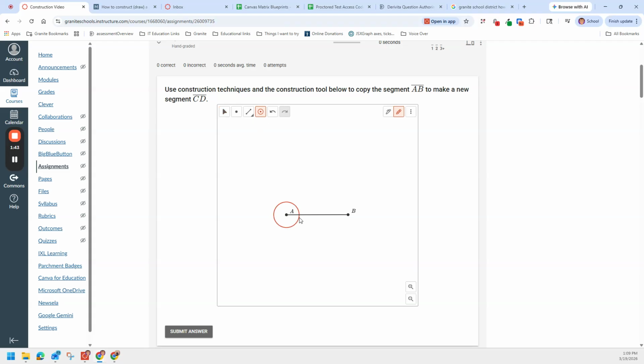I'm going to first, starting on A and then going to B, create this circle. Now, a circle is going to have the radius always be the same no matter where on that circle. Now you'll notice when I create this circle, I'm given the option to duplicate it.